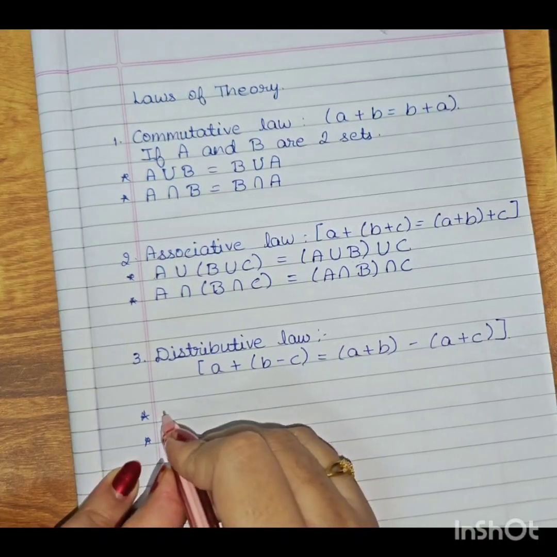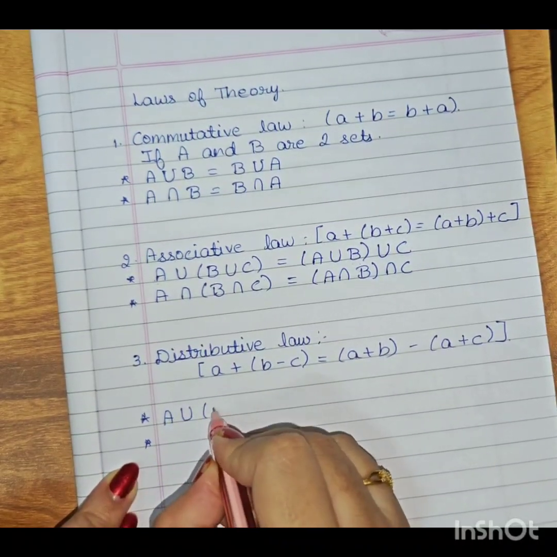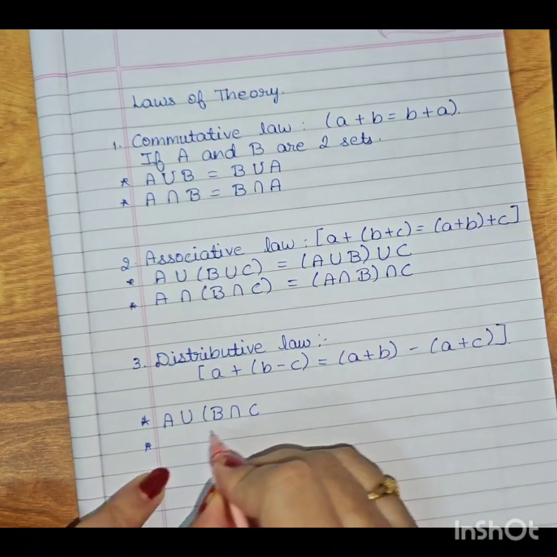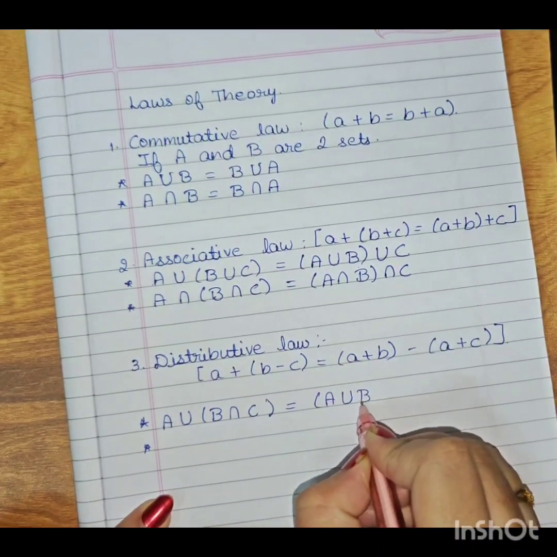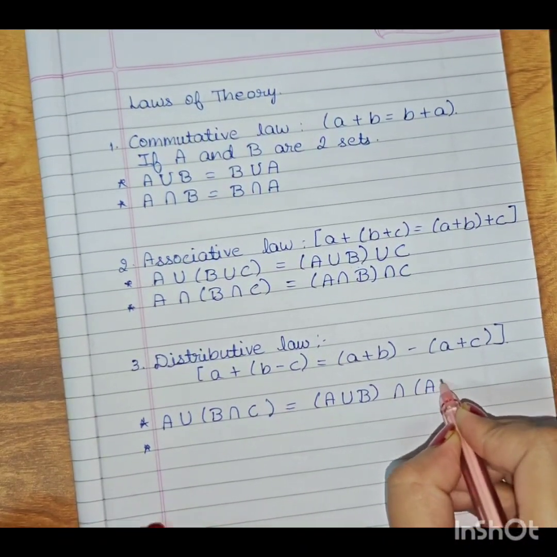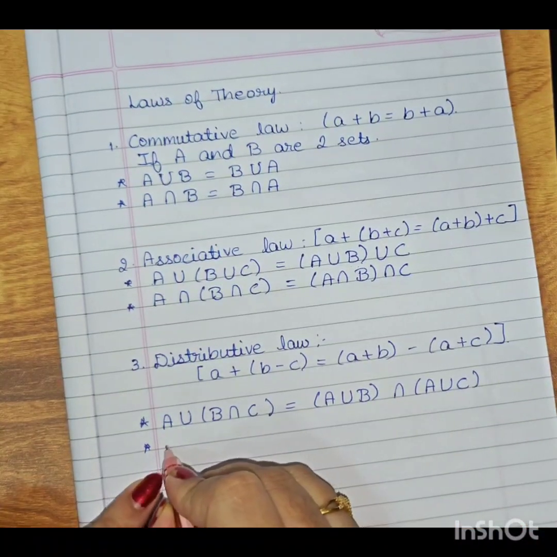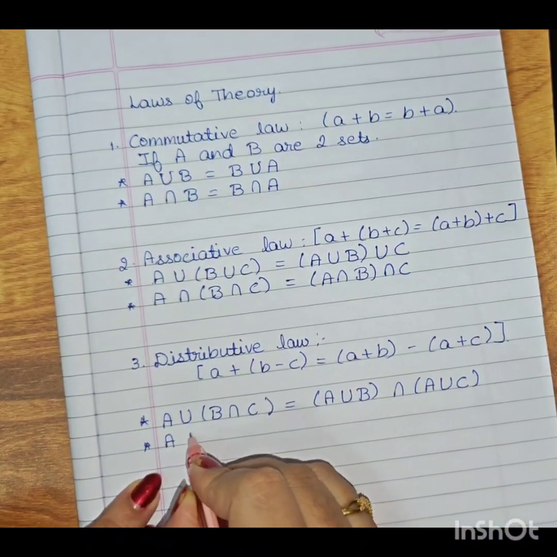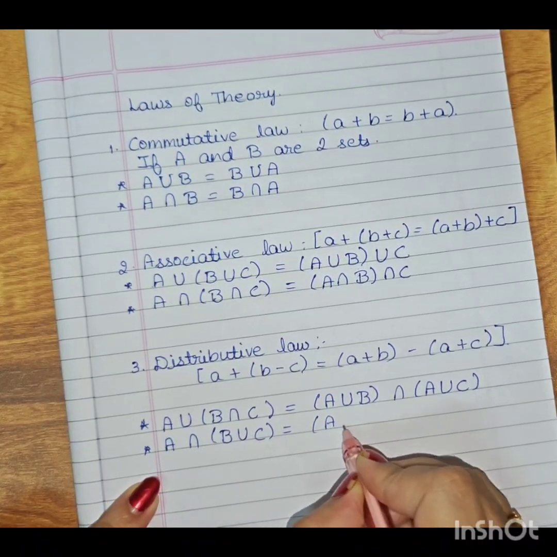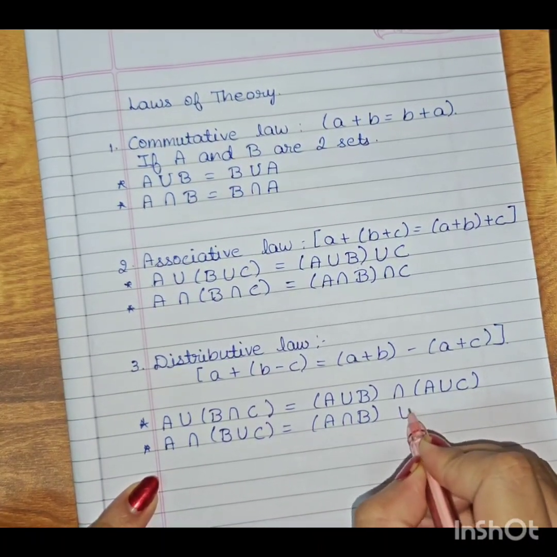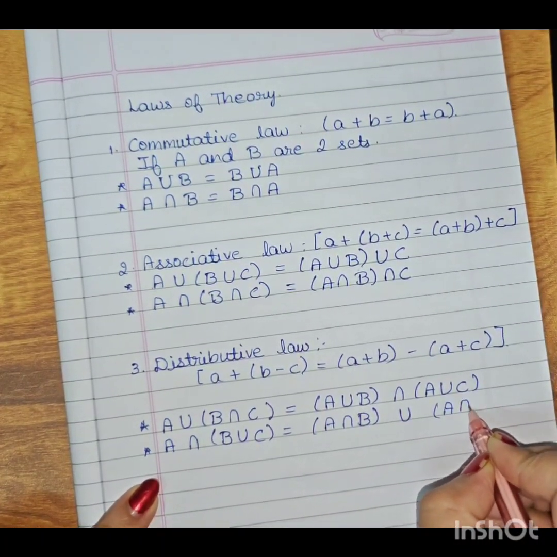Which are they? A union B intersection C, here the signs will differ, equals A union B intersection A union C. In the same way for intersection: A intersection B union C equals A intersection B union A intersection C.